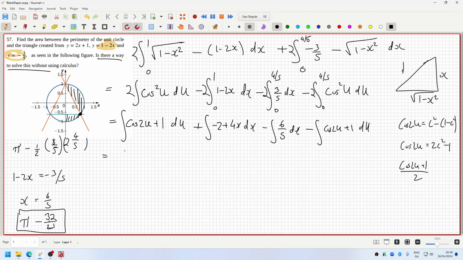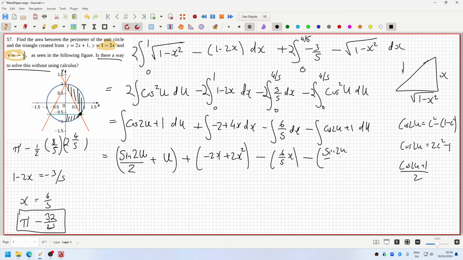Cos becomes sine 2u over 2 plus u, plus minus 2x plus 2x squared minus 6/5 x minus sine 2u over 2 plus u.